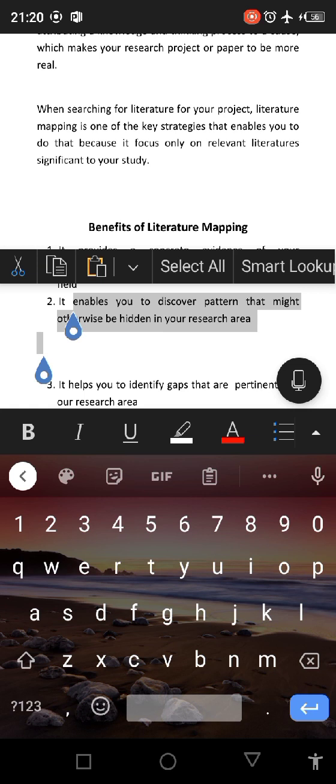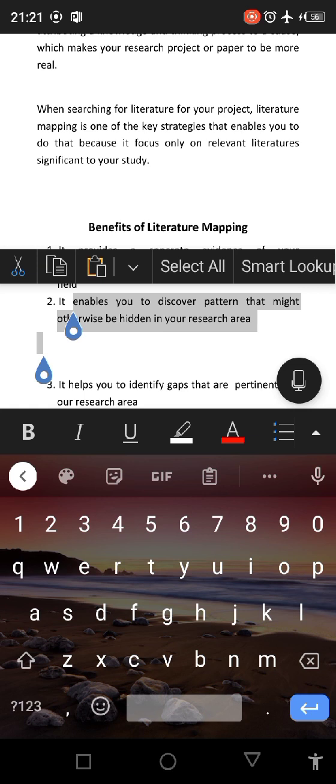Because the literature mapping will reveal to me the different topics, the diverse dimensions of topic that people have written on sustainability before, and then the different perspectives from which they wrote those papers.